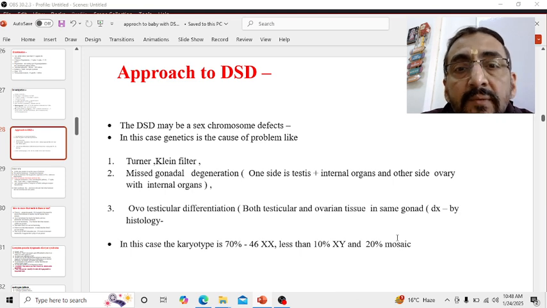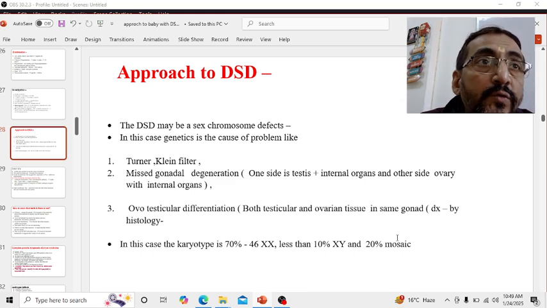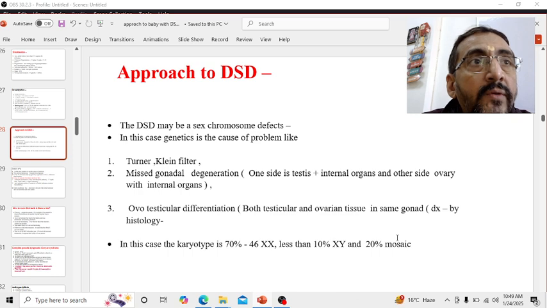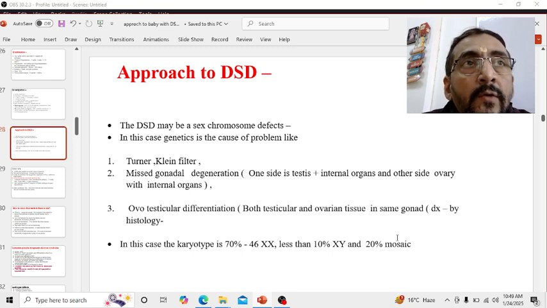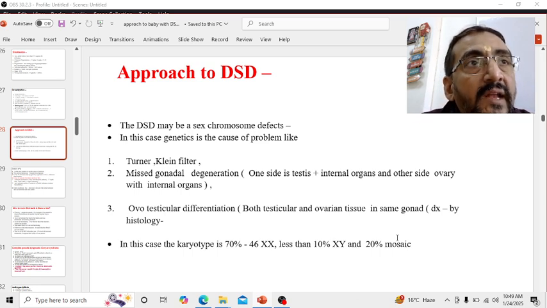In DSD mainly we will have ambiguous genitalia, which will create confusion in determination of the sex, isn't it? So even because of some sex chromosomal problems we will have ambiguous genitalia-like conditions or virilization, etc. One of the main causes for the DSD is a clear-cut structural defect in the sex chromosome, the last pair.